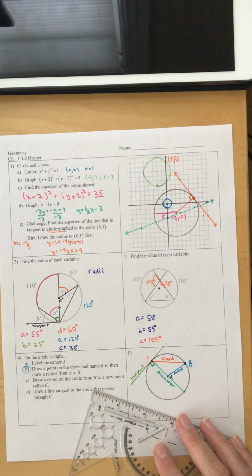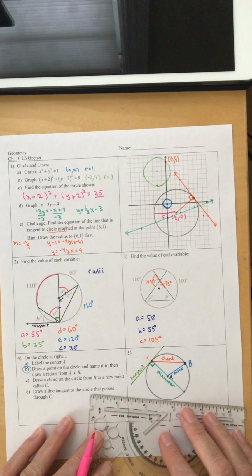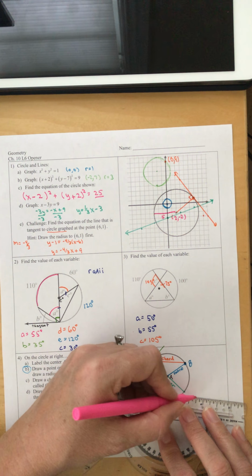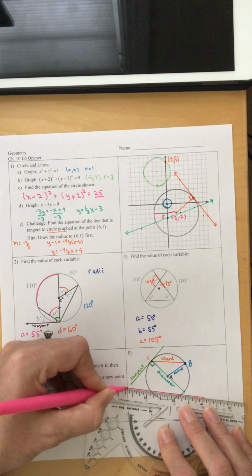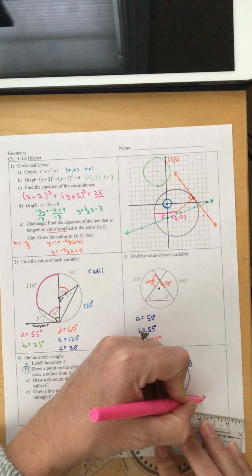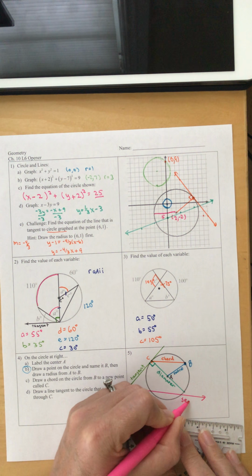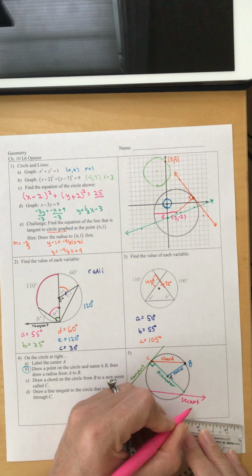And then the last vocabulary word you need to know about a circle is called a secant line. And a secant is similar to a chord, but it's a line instead of just a segment. So a chord is a segment and a secant is a line.